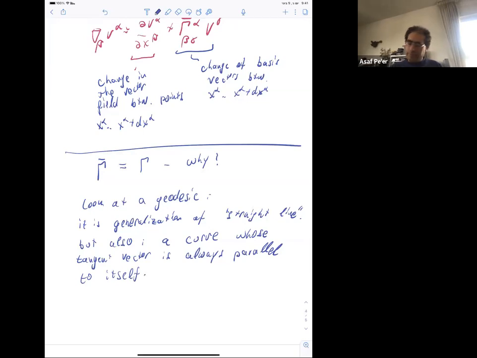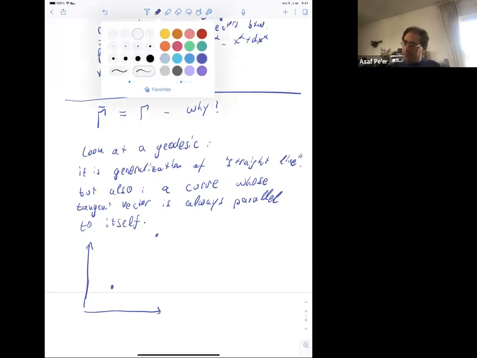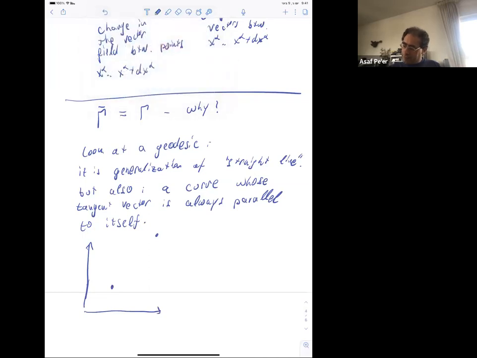Again, I have Euclidean space. I have two points. The geodesic is a straight line between these two points. We call this x alpha, and this doesn't matter.